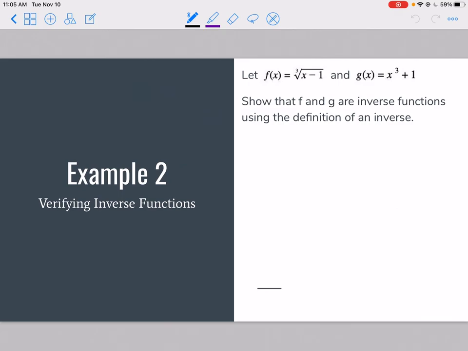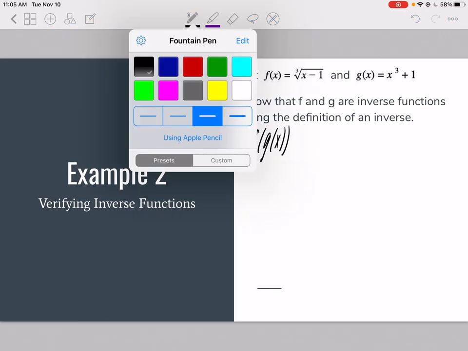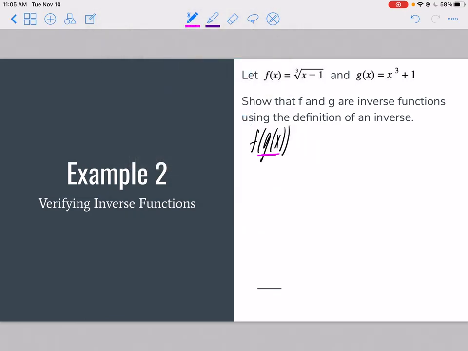All right, let's do this next example. So now we're going to show that these new functions are inverses. We've got f of x equals cube root of x minus 1, and g of x equals x cubed plus 1. So let's plug in f of g of x first. Okay, I'm going to take g of x, plug that in here for f of x. So we're going to get the cube root of this entire thing minus 1.